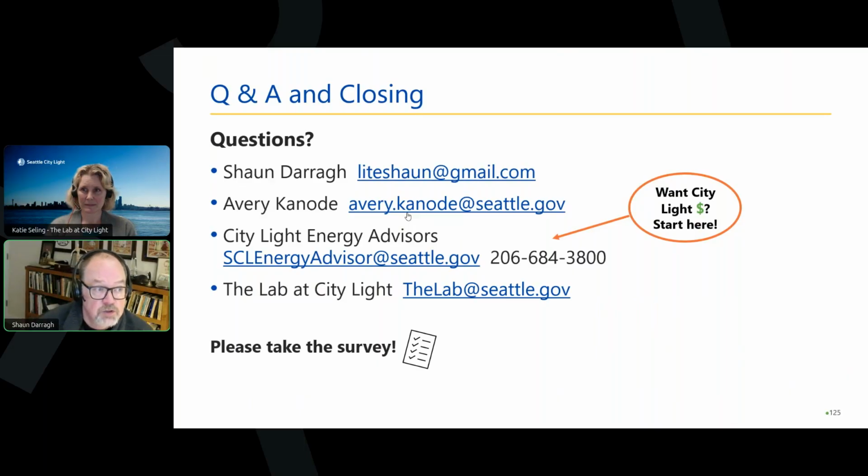But you can, in some cases, get frankly, the cost of most of your controls paid for if it's a retrofit project. So that's important.